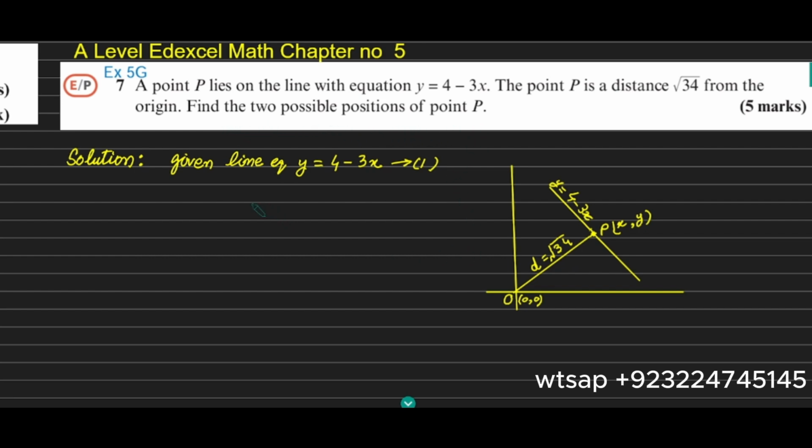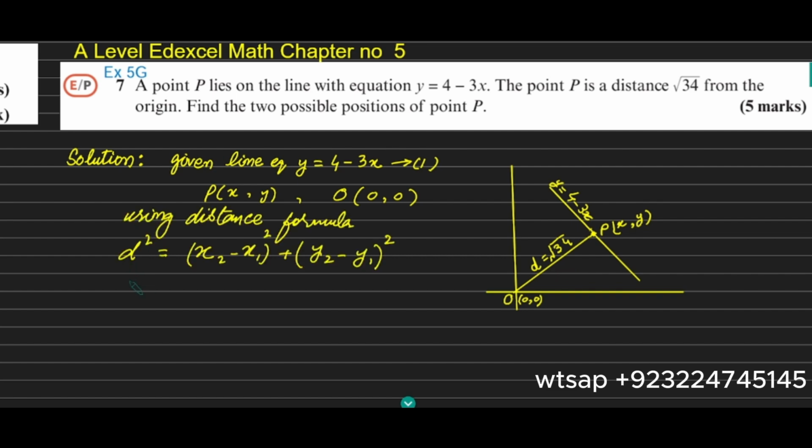So first of all, we write the given: P x, y, this is the point, and O origin having coordinates 0, 0. Now as the distance is square root 34, using the distance formula, D is square root 34 and we will write square.